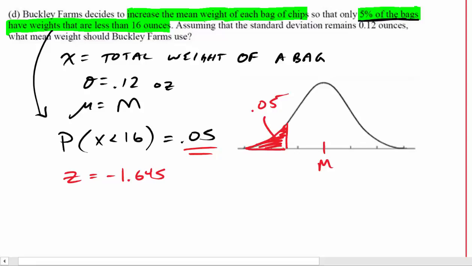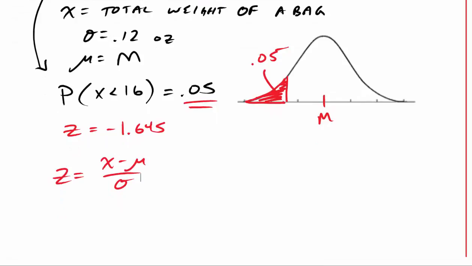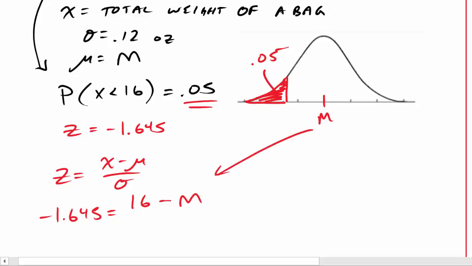Well, the formula for the z-score, if you remember, is x minus mu over standard deviation. So in this case, negative 1.645 equals 16 minus the mean, which I do not know but that's what we're looking for, over 0.12.